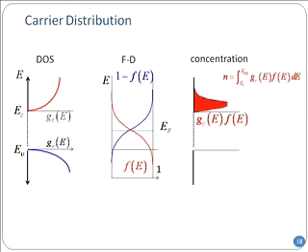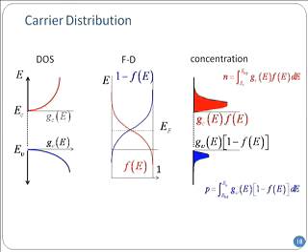And again, if I wanted to calculate how many holes, I will multiply the blue density of state with the blue Fermi-Dirac, 1 minus the Fermi-Dirac, and that will give me the number of holes. And again, I can easily calculate, integrate it over, I get the total number of holes, right? This is it, the general prescription for calculating any electron distribution.